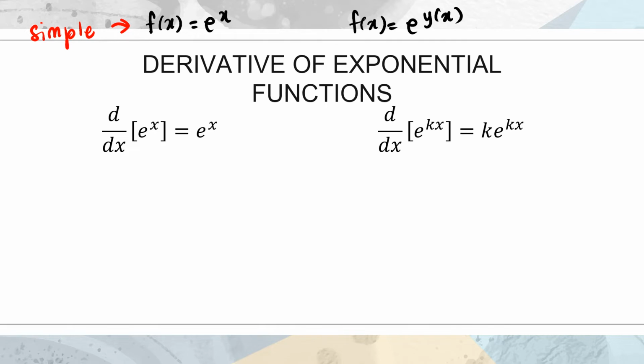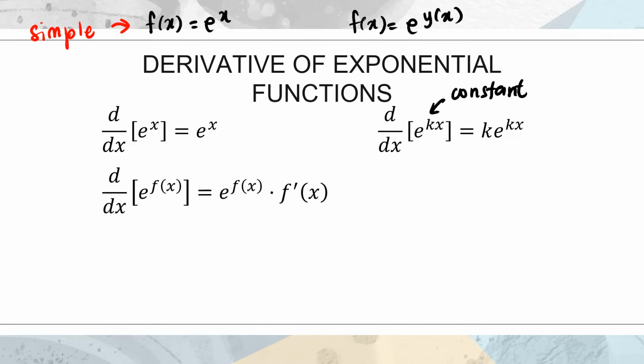And then if you have e to the power of kx, where k is also a constant as we saw previously for index functions, the derivative will be k times e^(kx). And lastly, if we differentiate e to the power of f(x), where f(x) is another function, then we will have e^(f(x)) multiplied by f'(x).